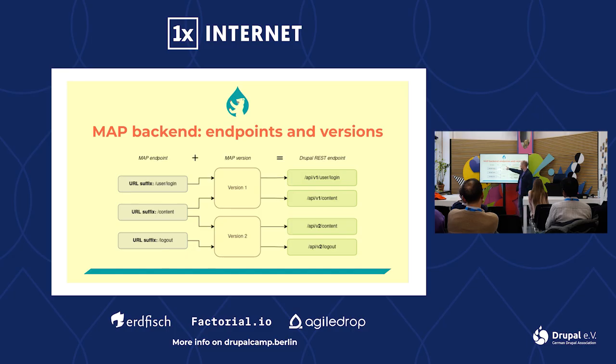We should have another abstraction, map version, and a map version can contain map endpoints. And at the end, it is a REST API endpoint with URL. Now version 1, version 2, login, logout, content. So we have versioning, we have URL standardization.